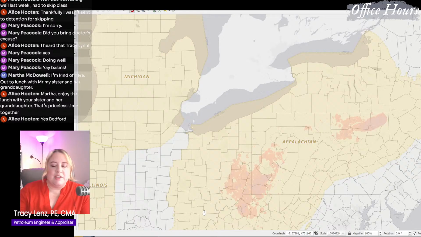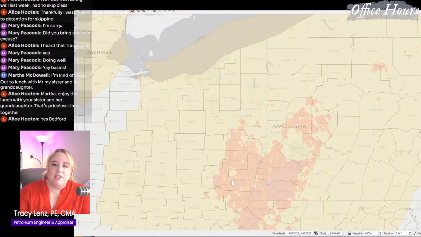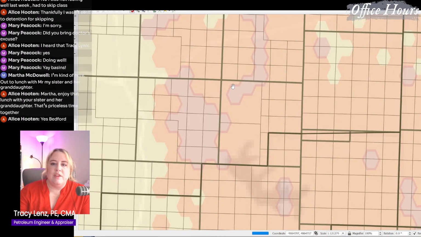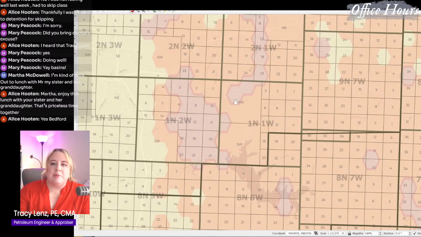That's highly simplifying it, but if you have acreage right here, I would generally expect the wells from a southwest to northeast trend to be more similar than the wells on a northwest to southeast trend.